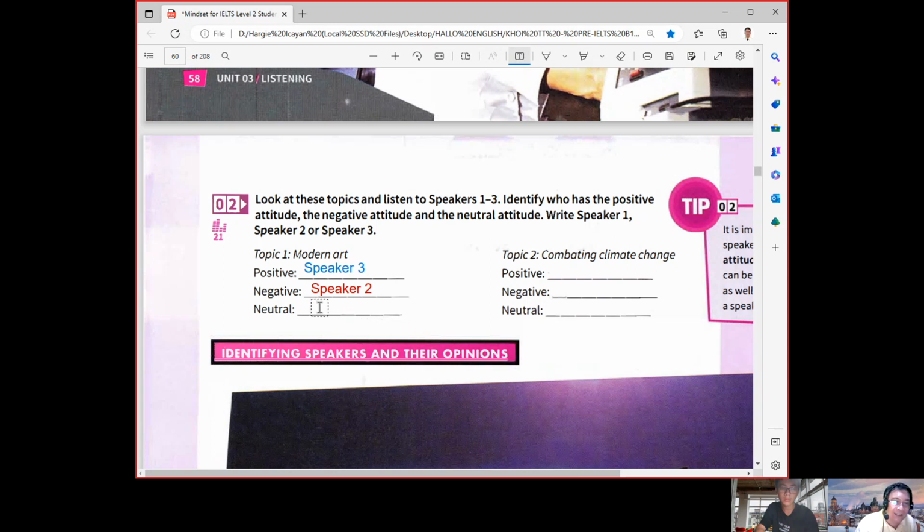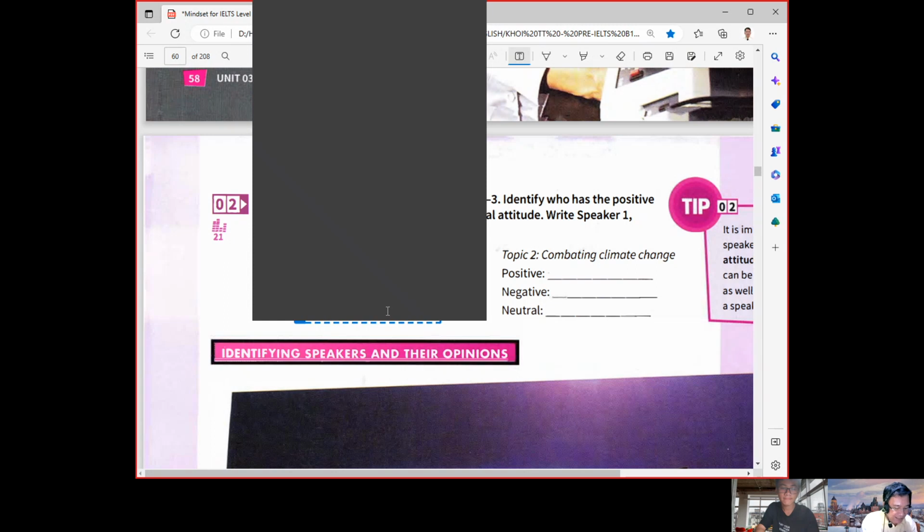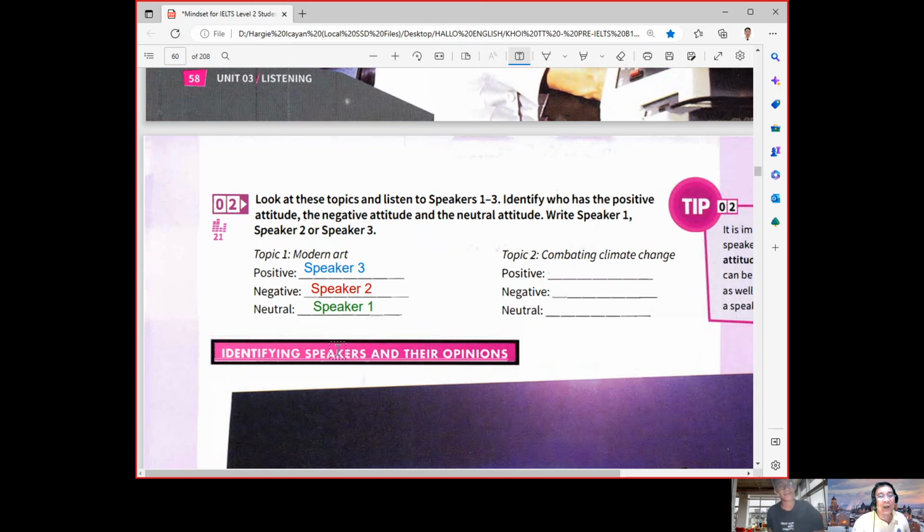Of course, the last but not the least, speaker 1 is the monotone, or the so-called neutral attitude. Okay? So why is it neutral? Because she says about C decline and C large, so it's neutral.